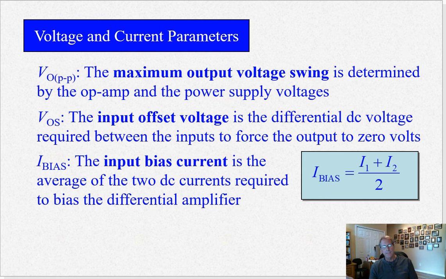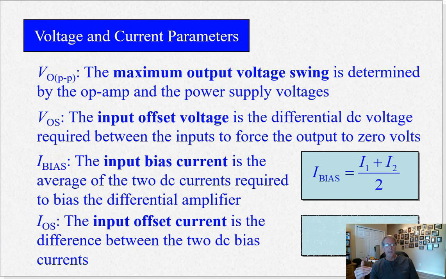They're not, but they're so low. They're in the very low microamps, and for FET op amps, they're in the picoamps or nanoamps. And then input offset current is the difference between those. And it's this input offset current that causes the input offset voltage.